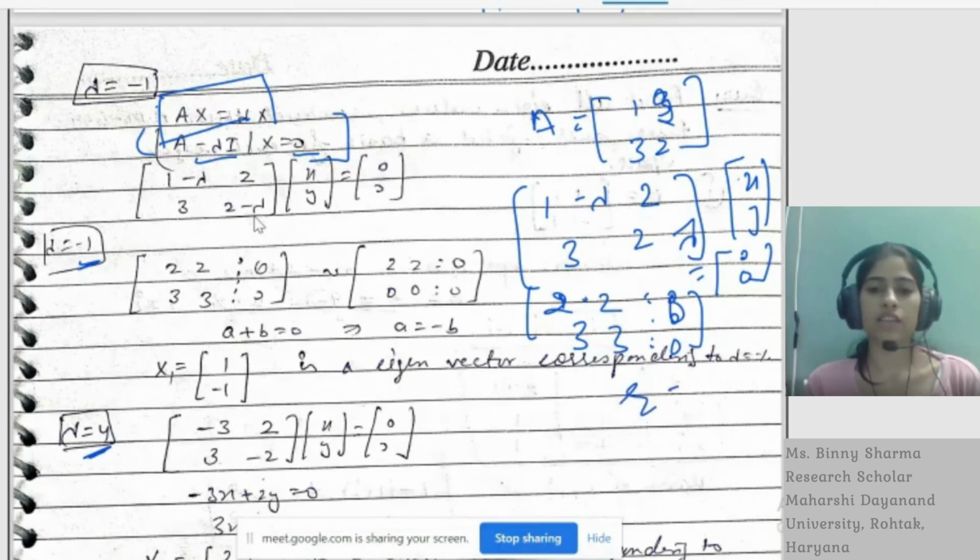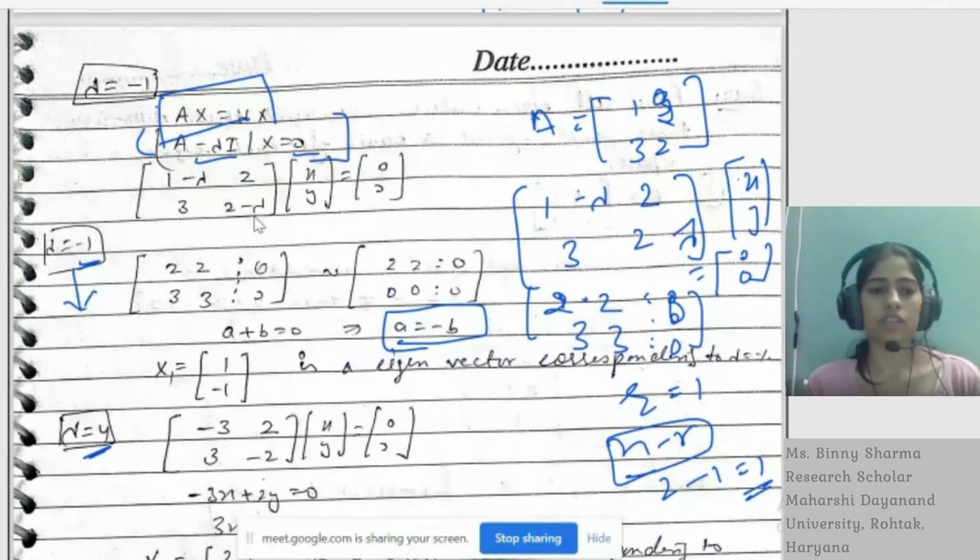Its rank is 1. You must know how to find the dimension of the homogeneous system solution, that is n minus r. So 2 minus 1 equals 1. That's why we get a plus b equals 0, a equals minus b, and we get an eigenvector (1, -1).